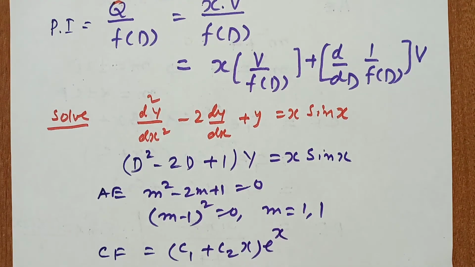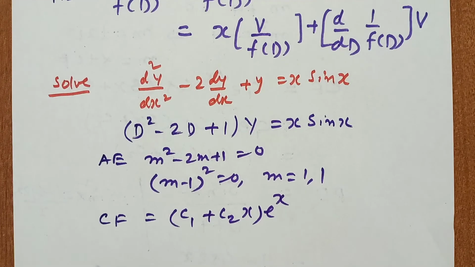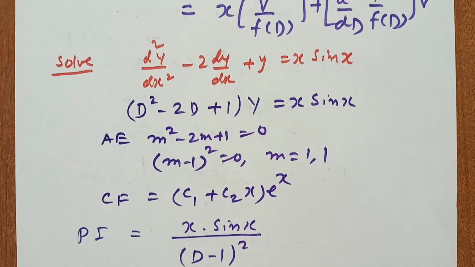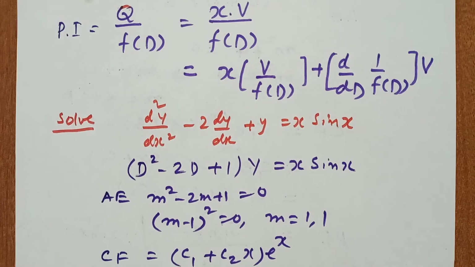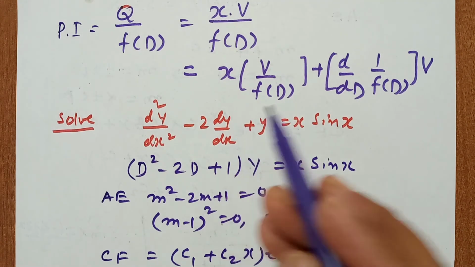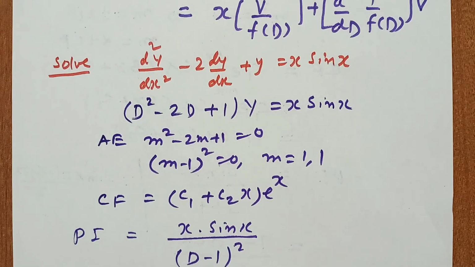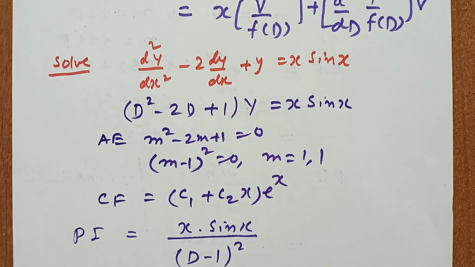Now the particular integral. So Q means x sin x upon (D minus 1) squared. This is PI. As we know, the formula is that first we write x V upon f(D). So here x, and what is V? V is sin x.